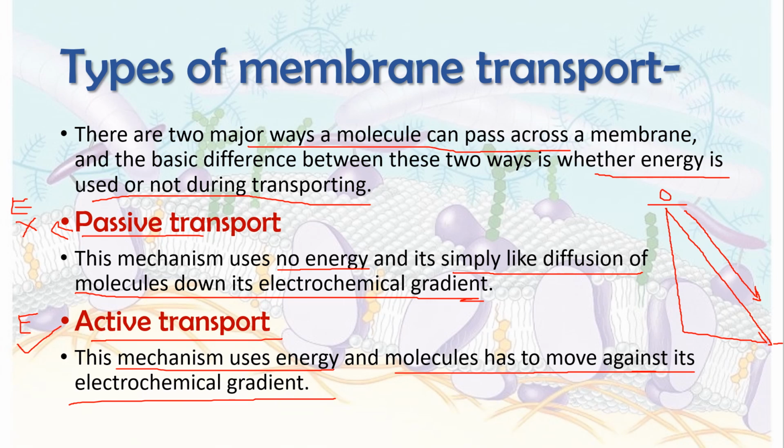It does not require any kind of energy, so it is downhill movement, which is a kind of passive transport where we don't need any kind of energy source to throw the molecule, and it reaches the surface.